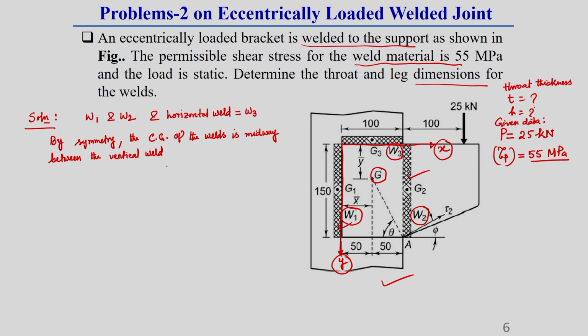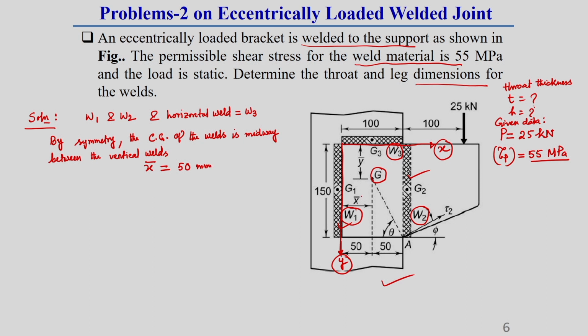By symmetry of the vertical welds W1 and W2, the CG of the weld is midway between the two vertical welds. So, x bar is equal to 50 millimeter, from the symmetry itself.